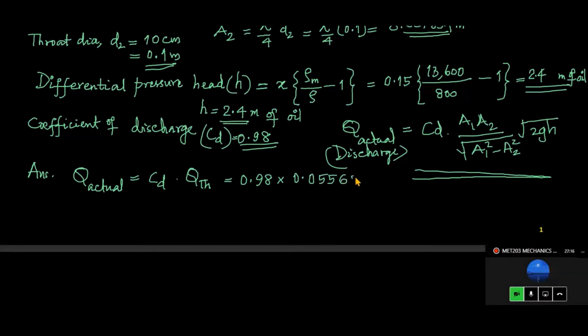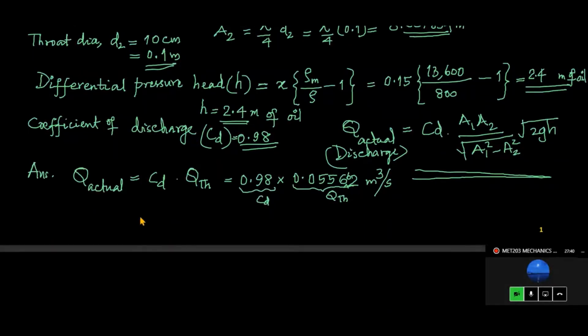0.0556, in fact 0.05562 meter cube per second. This is Q theoretical, and this is CD.